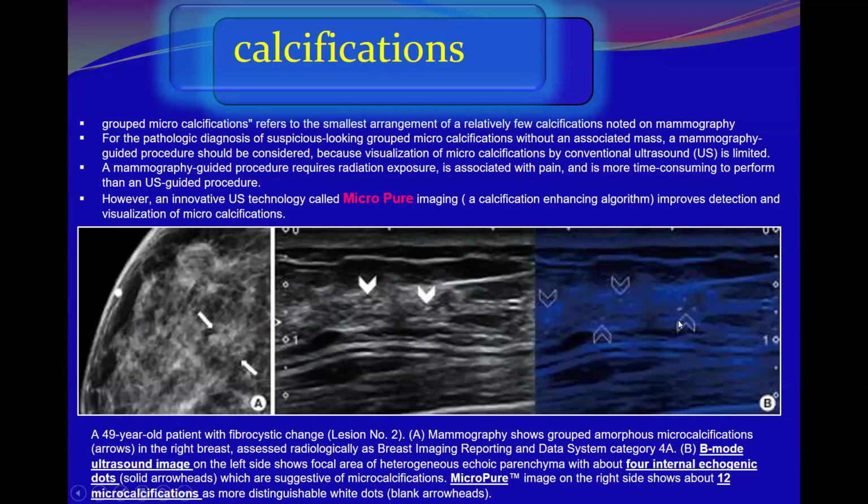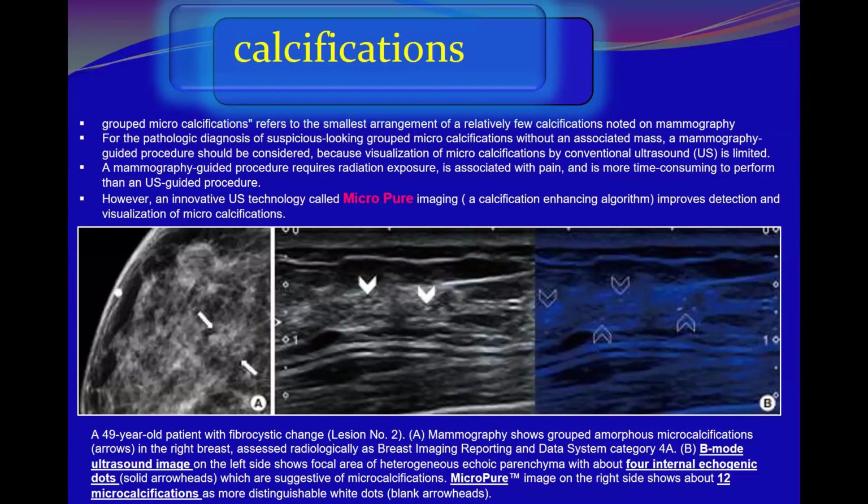Again, this image, calcification enhancing technique, okay? And this is a group of calcifications. This is the B-mode ultrasound, okay? In the B-mode ultrasound, only about 4 particles of calcification could be appreciated.